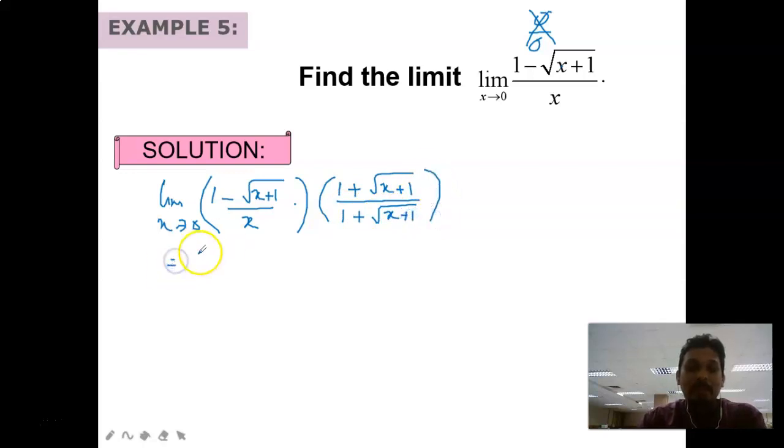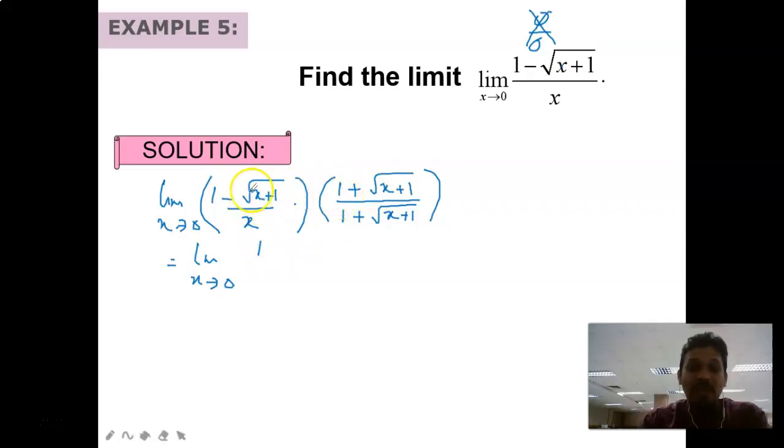Okay, now let's expand this one by one. 1 times 1 equals 1. 1 times this, and then negative x times the square root of x plus 1 multiplied with 1.